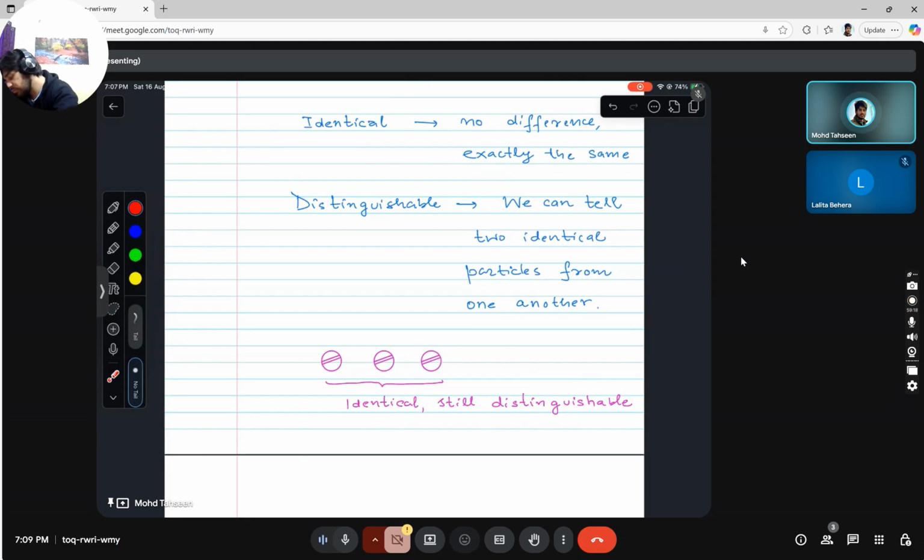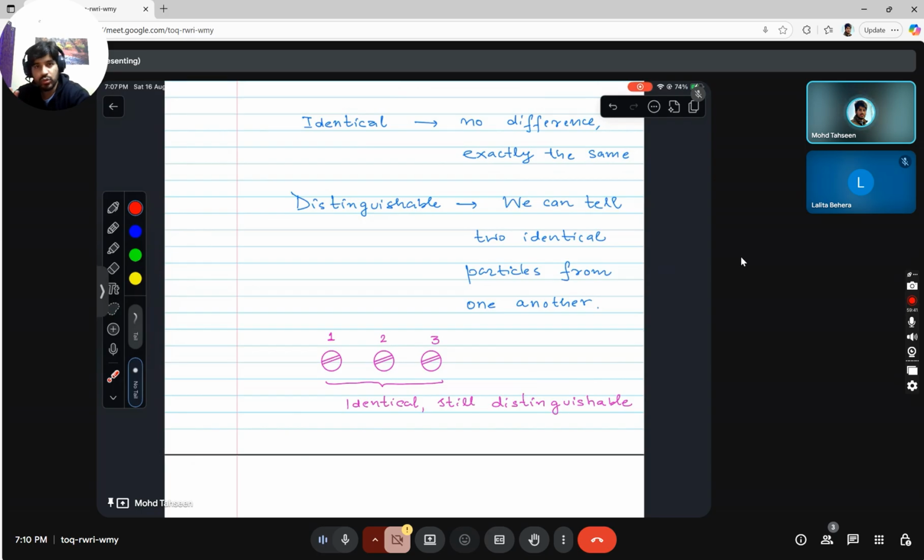If we label them 1, 2, 3, this is ball 1, ball 2, ball 3. These are distinct balls. We cannot say that this ball and this ball are the same. This is similar but not the same ball. They are similar in every aspect: their size is the same, their color is the same.